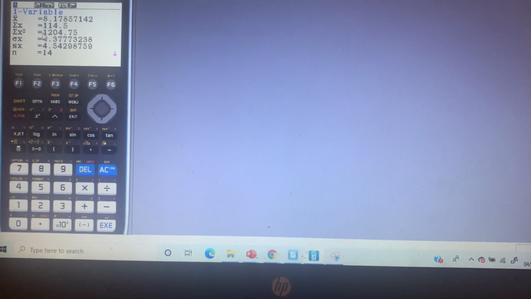The sum of fx is 114.5. The sum of fx squared is 1204.75. My mean is 8.18, and my standard deviation is 4.38.